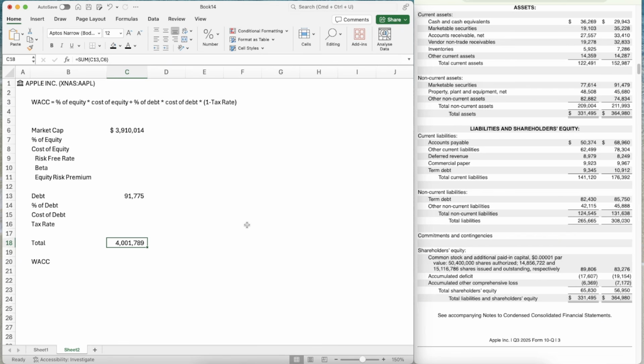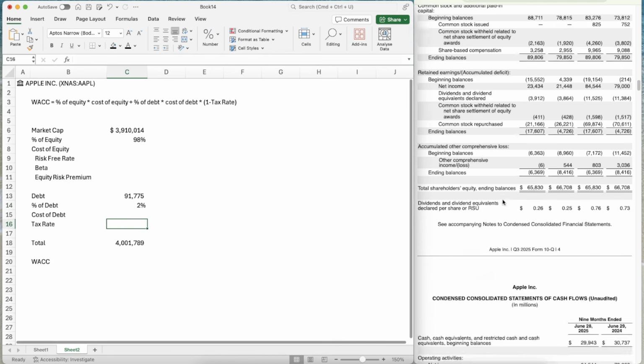So in total, it's just over 4 trillion, which means your percentage of equity is about 97%. Your percentage of debt, imagine that, having 90 billion in debt, but it's only 2% of the total. Yeah, crazy.